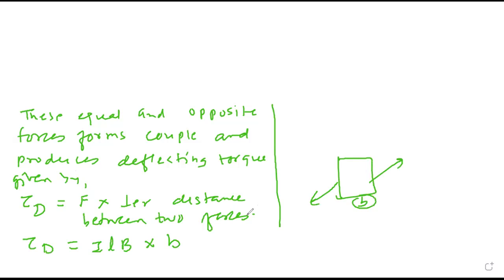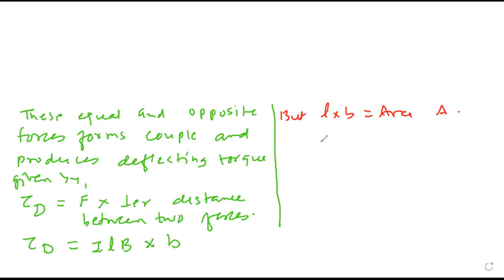So ILb is the torque acting, which is deflecting the coil from its rest position. But length into breadth means area A. So we can say deflecting torque is IAB.